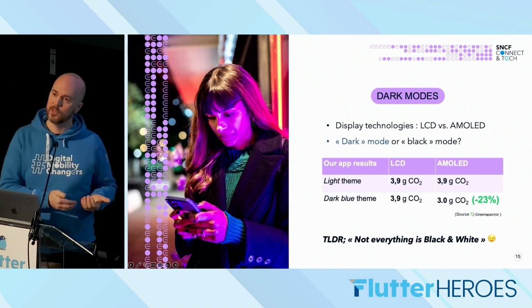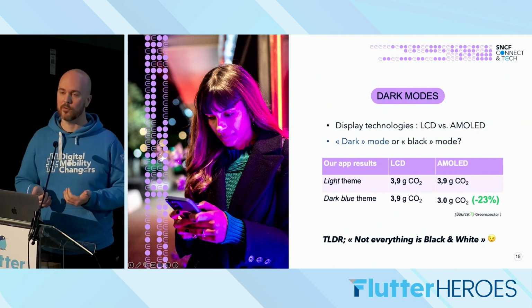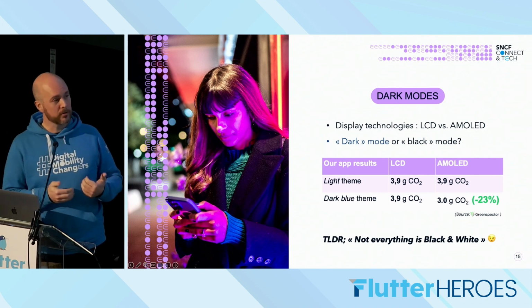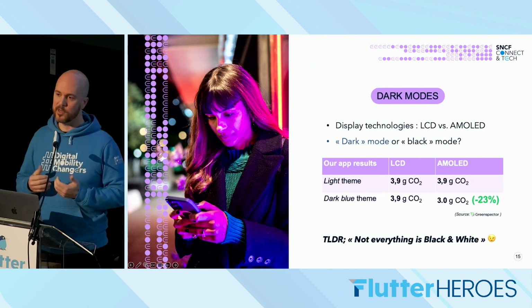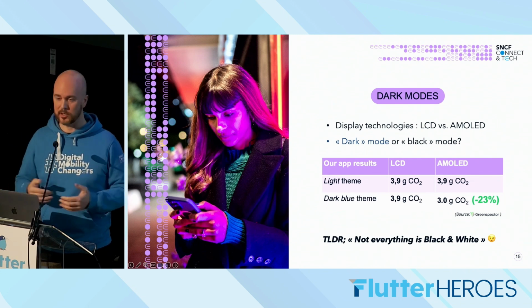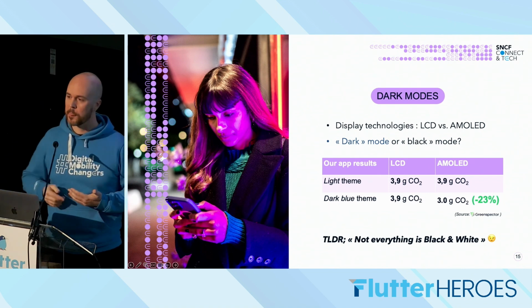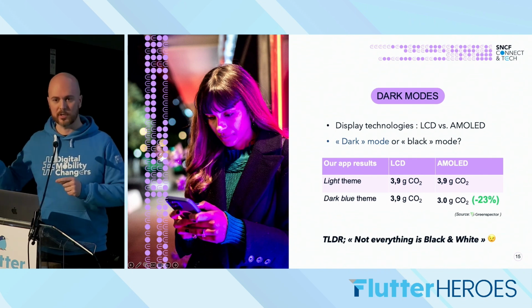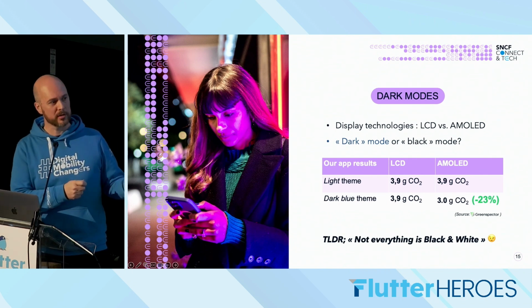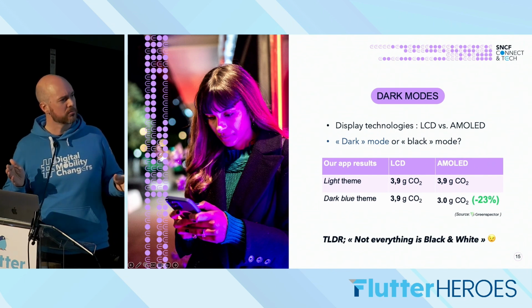And that's not what we could measure with Green Spectre. It's a partner who is auditing our app regularly. And we could measure, even in our dark blue theme, a benefit in terms of battery, energy. And we've even calculated that at the end of the year, because we have millions of users, if all of our users using an OLED screen were in dark blue mode instead of the light theme, we would estimate it would save 7 tons of CO2 at the end of the year.